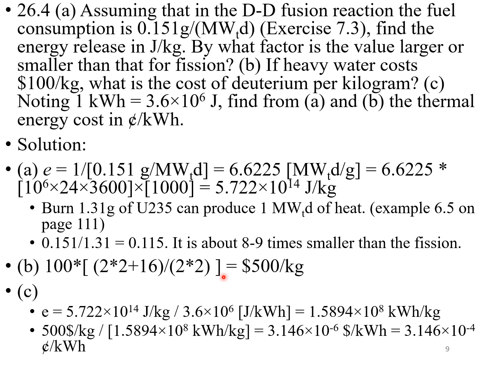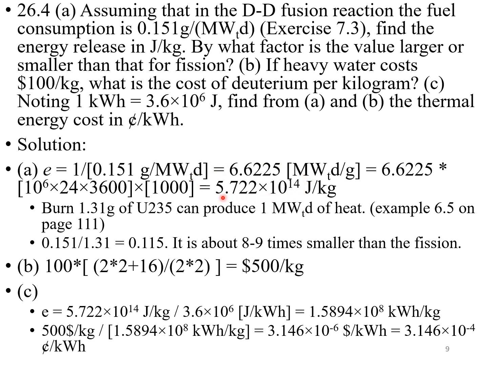Problem C. We'd like to know the thermal energy cost in cents per kilowatt hour. From problem A, we know that to burn 1 kilogram of the fuel, it will produce this amount of joules.